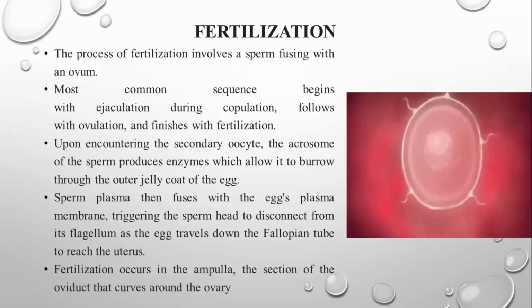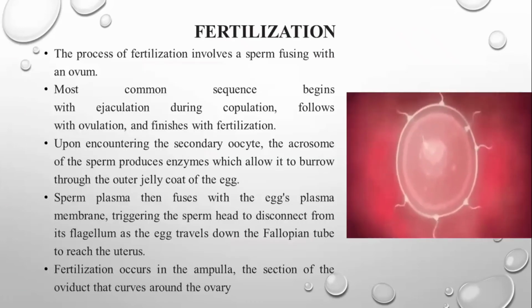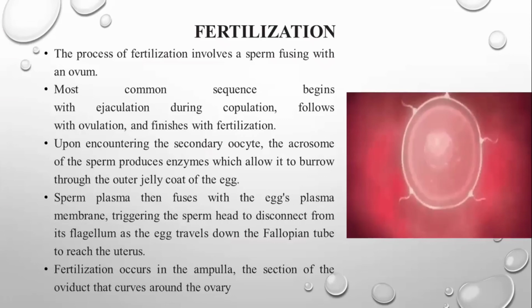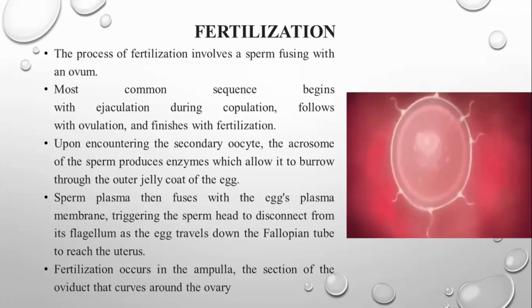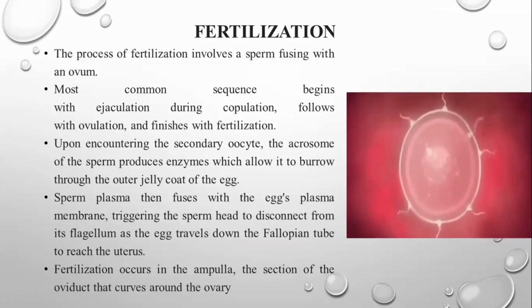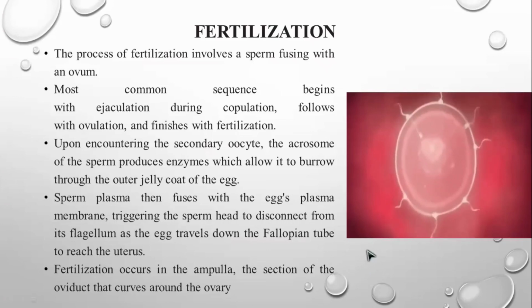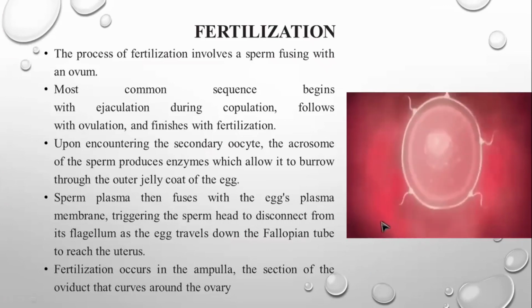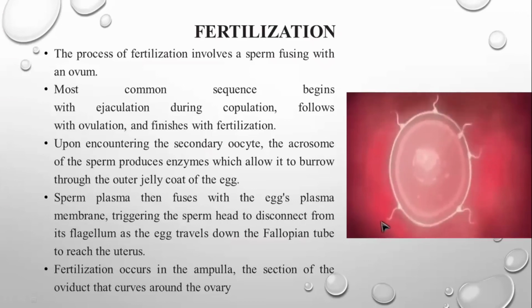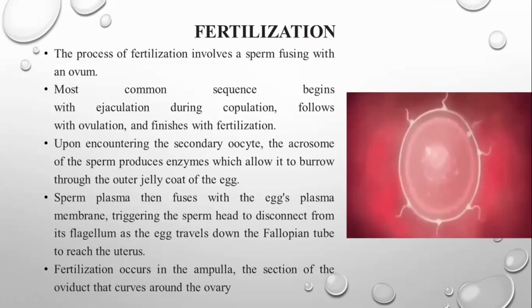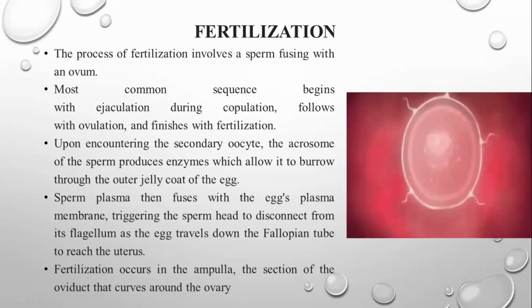Right. Fertilization. What is fertilization? The process of fertilization involves the fusing of the sperm with the ovum. Actually, what happens in the most common sequence is that after the male and female get married, they undergo sexual intercourse.